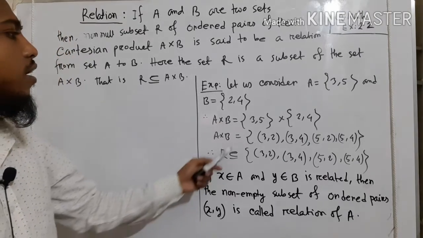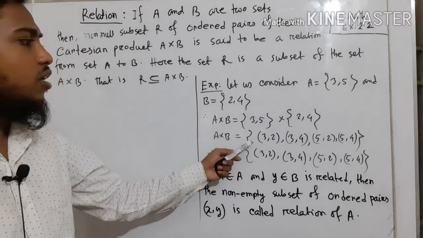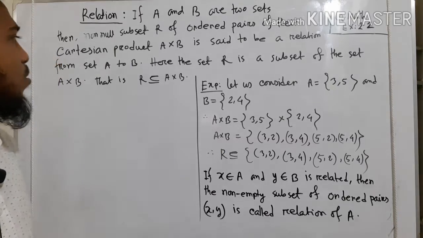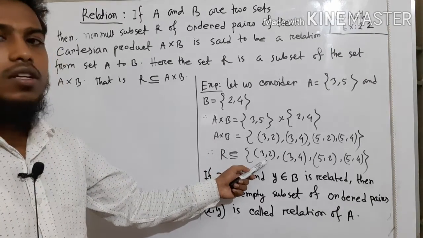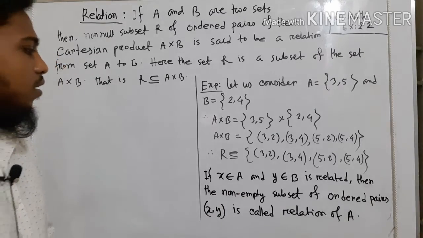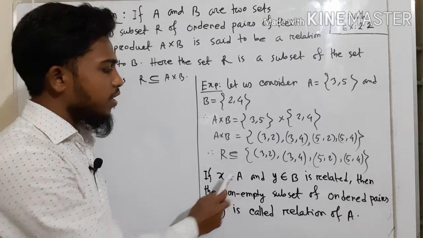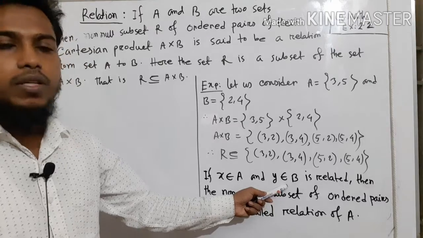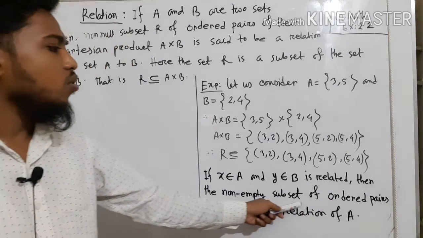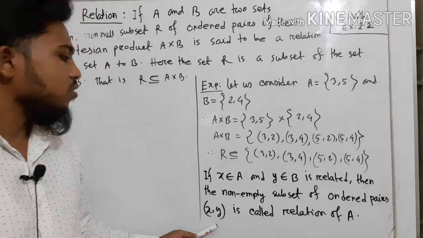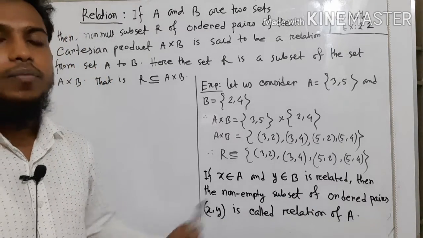We can write it according to the Cartesian product. So, R is a subset of this Cartesian product. If x is in A and y is in B is related, then the non-empty subset of ordered pairs (x, y) is called a relation of A.